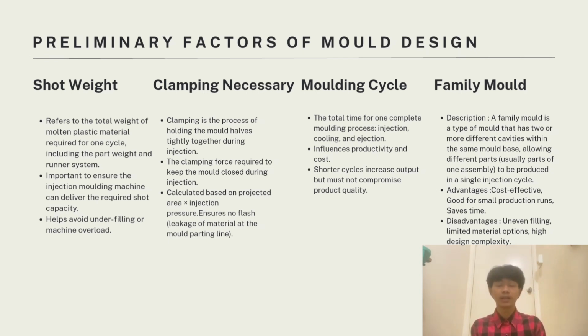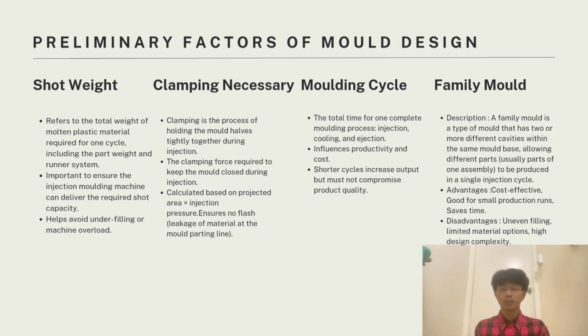Next is clamping force. Clamping is the process of holding the mold tightly together during injection. Next is molding cycle, the total time of one complete molding process: injection, cooling, and ejection.